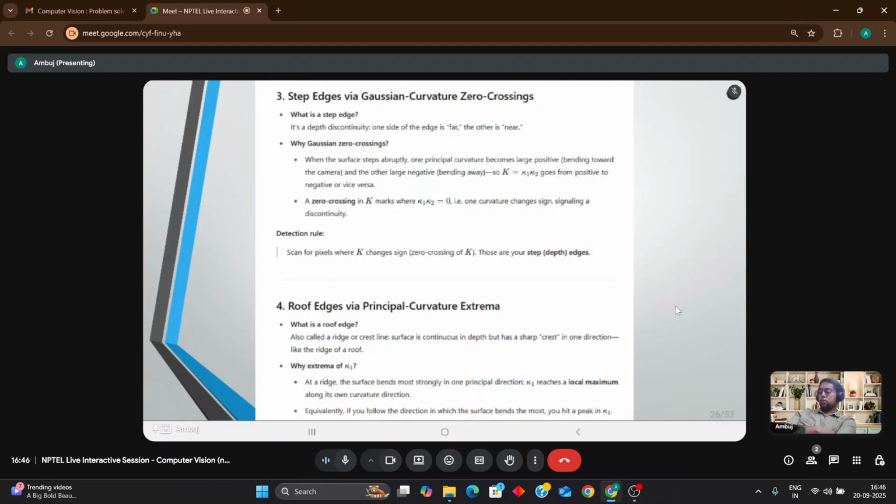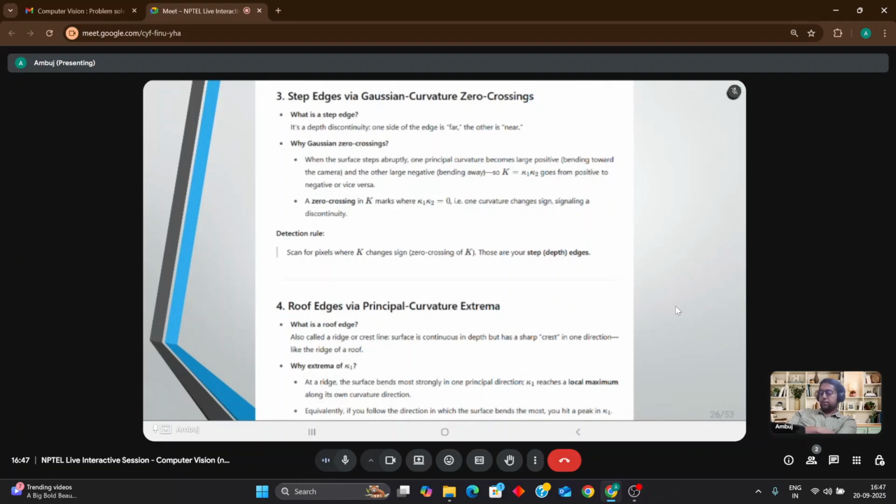So the product K1 K2 goes from positive to negative or vice versa, and the zero crossing in K signals a sign change. The rule is to scan for the pixels where K changes sign, where there is a zero crossing of K. These are your step edges.